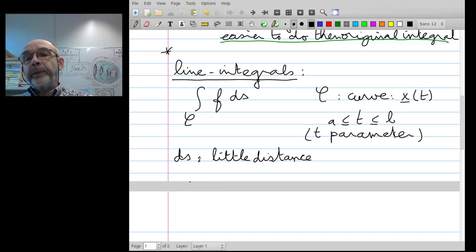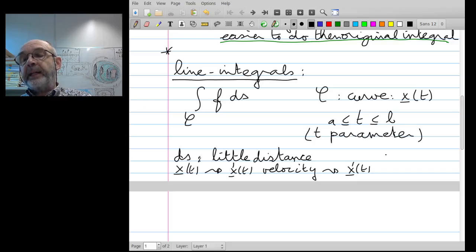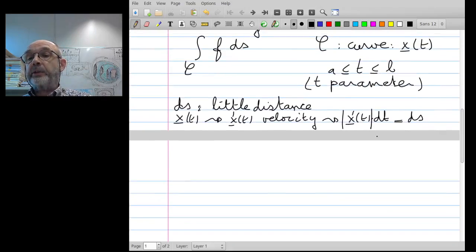Now if we know that curve x(t), we can differentiate it, and if we differentiate it we get the velocity. And if we multiply the velocity by dt, and you take the length of the velocity vector times dt, you get a little distance. Yeah, velocity times dt gives you a little distance.